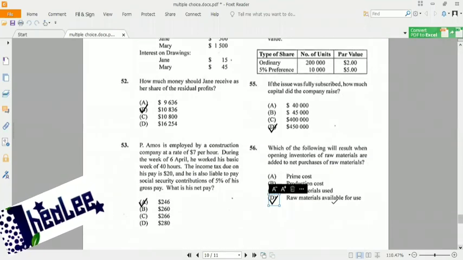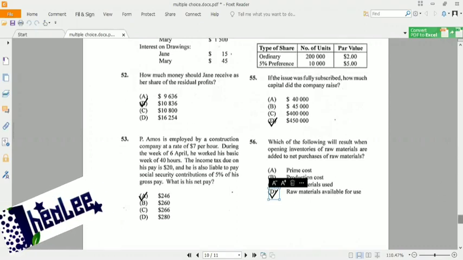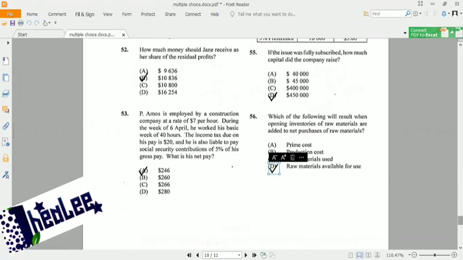To get cost of raw material used, or cost of raw material consumed, it is your raw material available for use minus your closing stock of raw material. And you know your prime cost is when you add your direct costs to the raw material consumed.